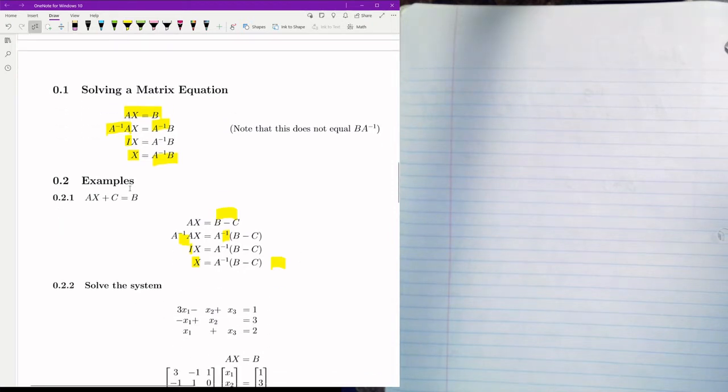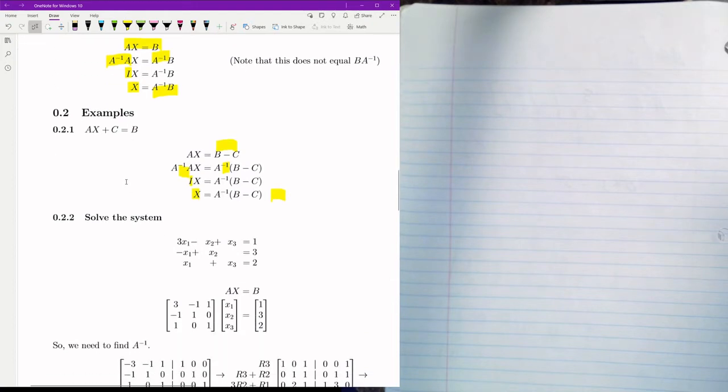Now we're going to solve a system. And the system we're going to solve is given. We're not going to augment the matrix this time, so there's no need to augment it. We use our coefficient matrix. We create an X, that's a column vector, and B, which is also a column vector.